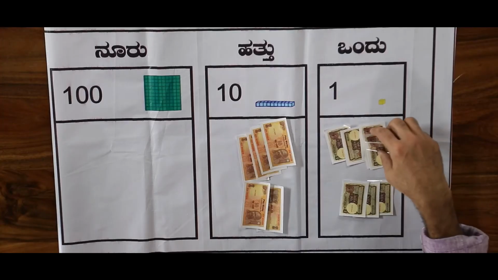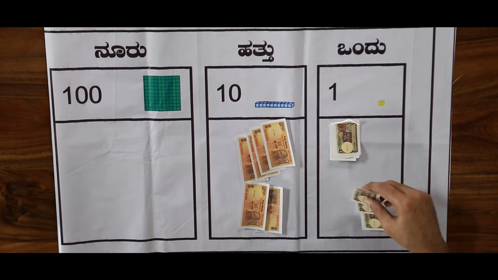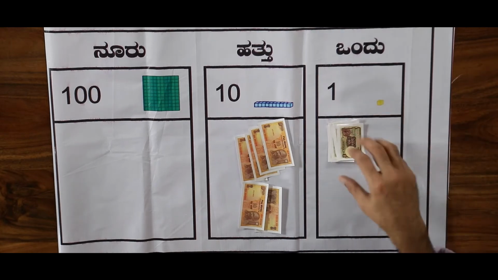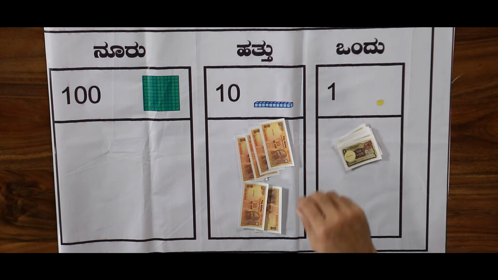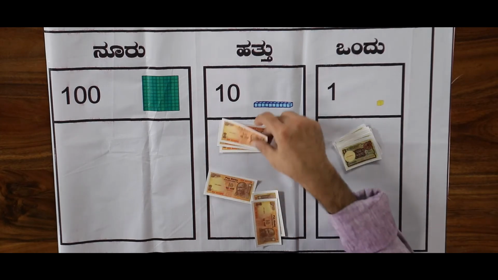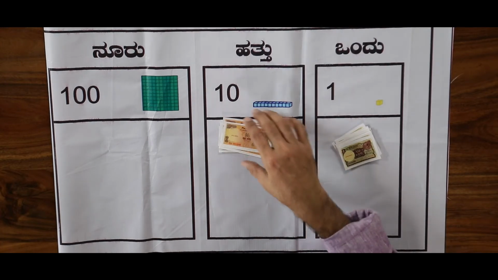What should I do next? I should add. 1, 2, 3, 4, 5. After which comes 6, 7, 8. 8 one rupees. Then we have 1 ten, 2 tens, 3 tens, 4 tens, 5 tens, 6 tens.